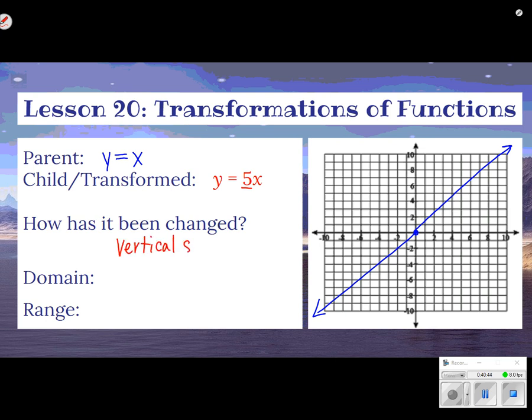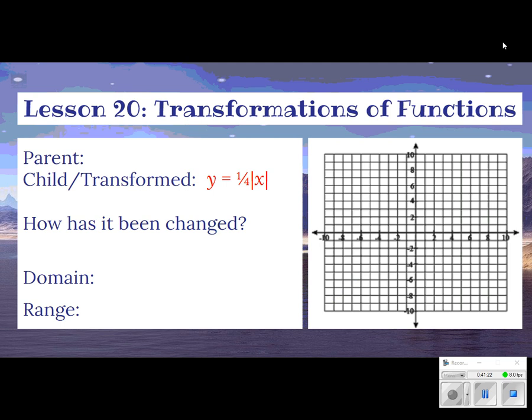So what that is going to do, in this case, is make it steeper. It's not going to make it skinnier, really, because it's just a line. But it's still going to go through 0, 0, except now it is much steeper than what we had before. It doesn't affect the domain or the range. Remember, the domain and the range for our linear functions are negative infinity to positive infinity. So it's still going to apply for both of those.